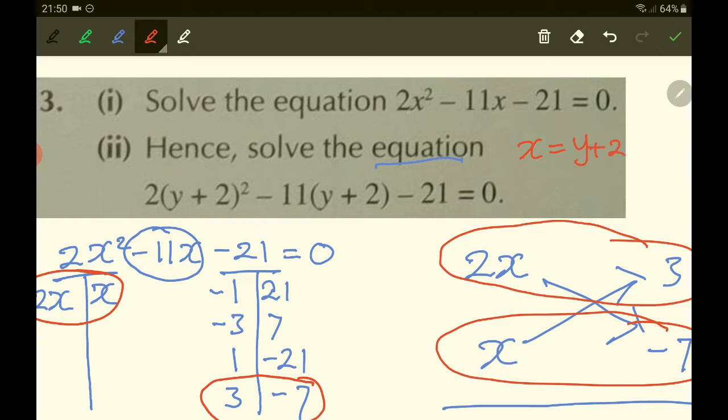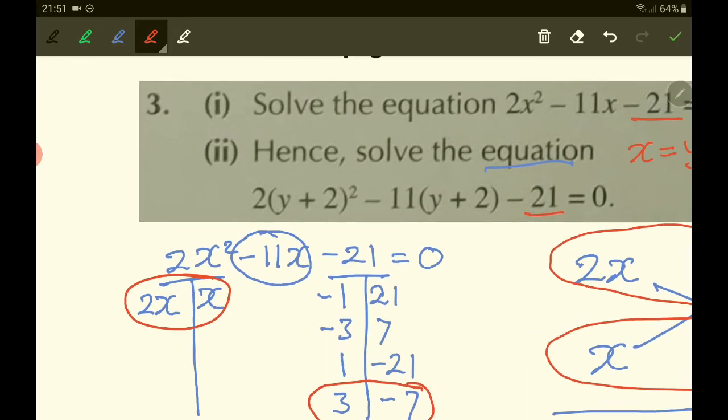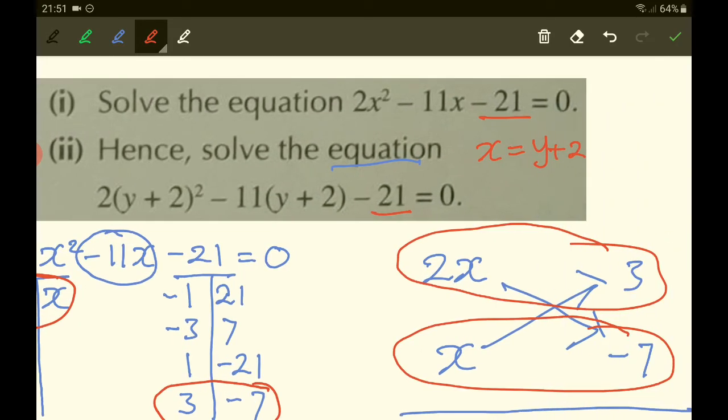In the first equation we have 2x squared, in the second we have 2 bracket y plus 2 square, and then minus 11x becomes minus 11 bracket y plus 2, and minus 21 is also minus 21. So we have the same pattern here. Basically the second question is just changing x into y plus 2.